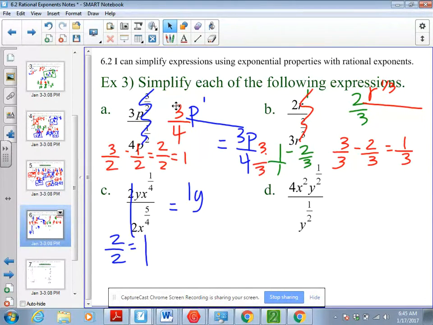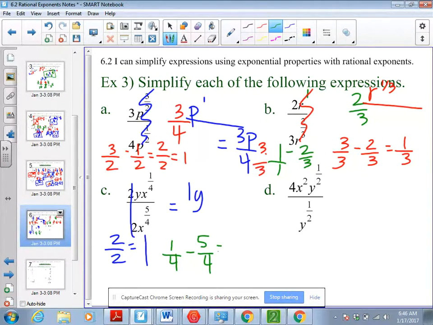But I am going to subtract here. So I've got x to the 1/4 minus x to the 5/4. This is going to become the negative 4/4, which we know is negative 1.